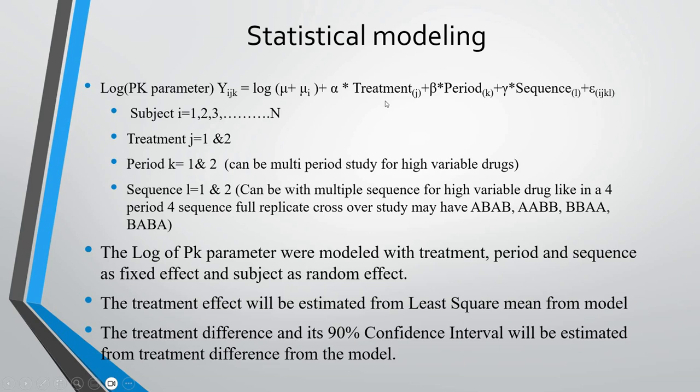Then we will get the difference between the least square means of treatment 1 and 2, or test versus reference. This difference is on the log scale, like log A minus log B, but on the actual scale it's going to be a ratio, the T by R ratio. So we will get the estimate from the model, and then we will back-transform it to the original scale and present it as a T by R ratio along with its confidence interval.